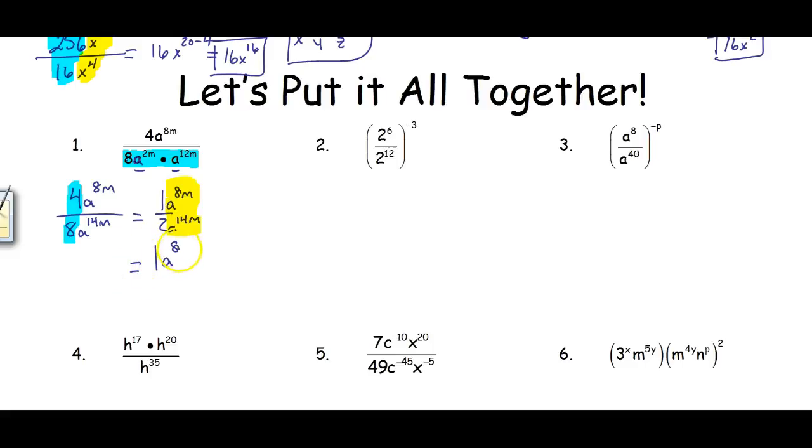So a to the 8m minus 14m over 2. When you do this, you get a to the negative 6m over 2. Remember, you cannot have that negative exponent, so we have to take that and move it to the denominator. So you get 1 over 2a to the positive 6m.